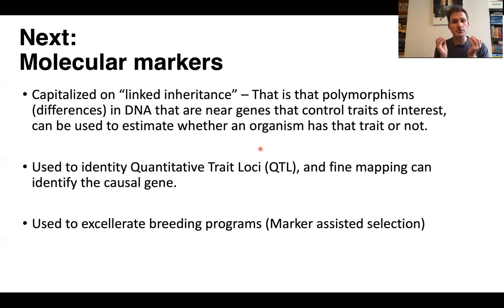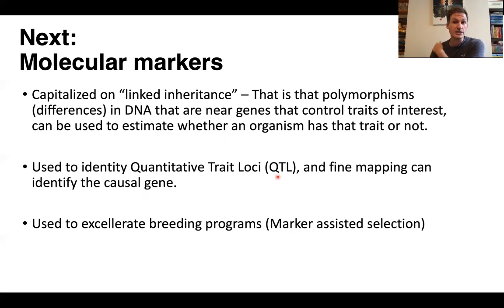So molecular markers are really useful because if we use statistics to correlate the marker's presence with the presence of a trait or lack of that trait or marker, we can identify a QTL, or quantitative trait loci. So these are positions within the genome that correlate to our trait of interest.